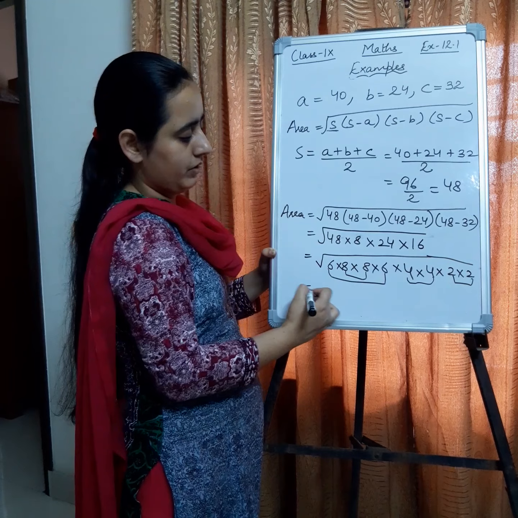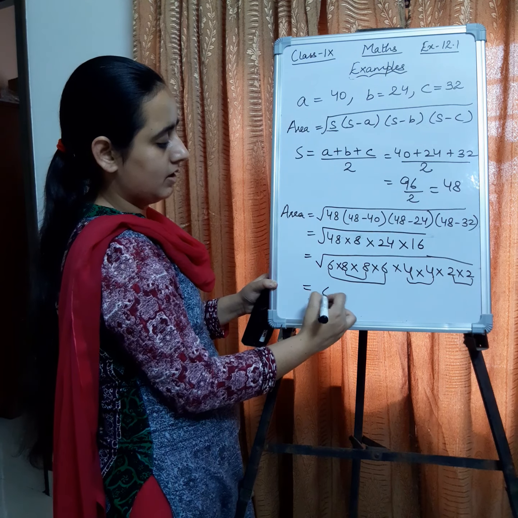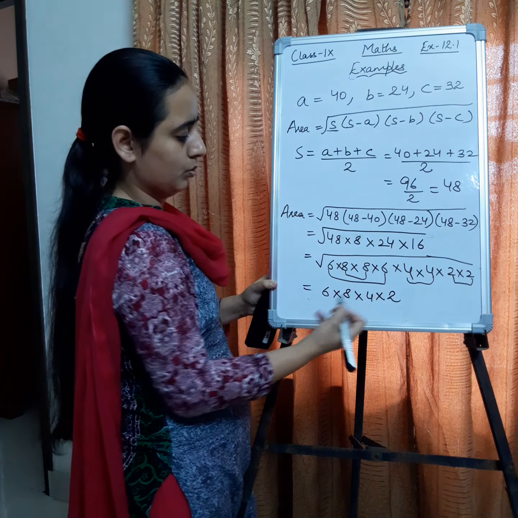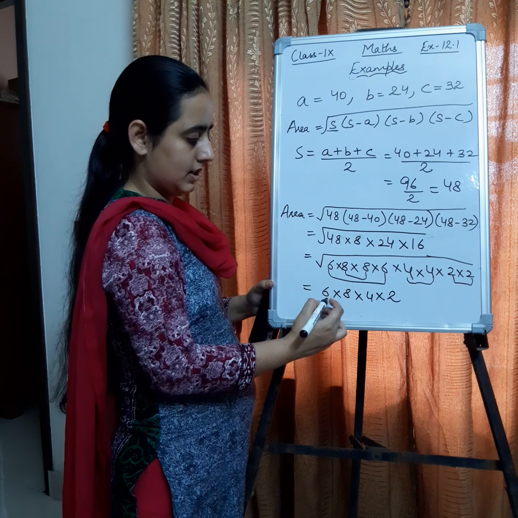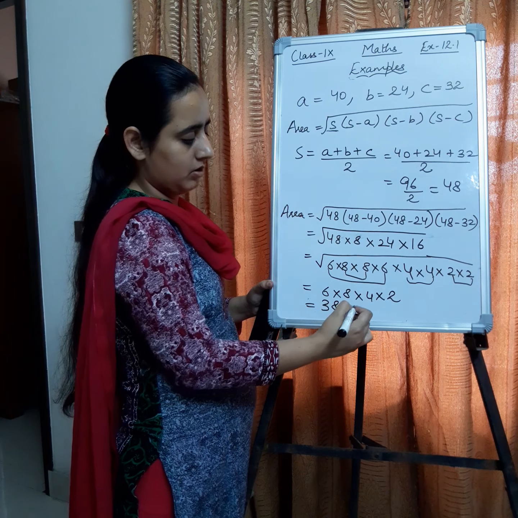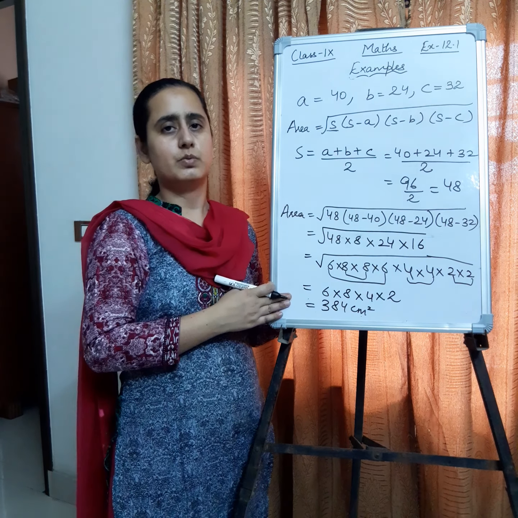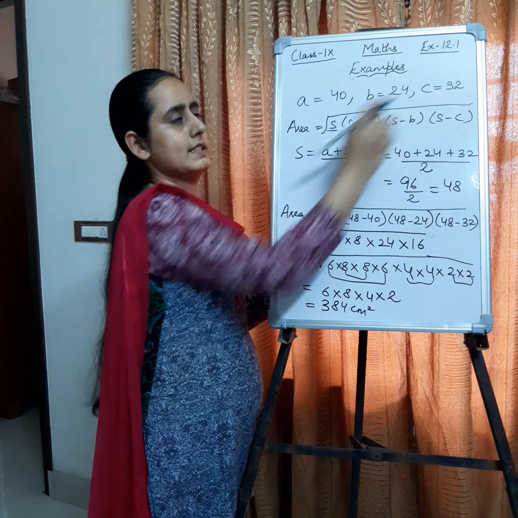One number will come out from each pair: 6, 8, 4 and 2. Then you can do the multiplication. You will get the answer as 384 centimeter square. So this way we use Heron's formula to find the area of a triangle where all three sides are given.